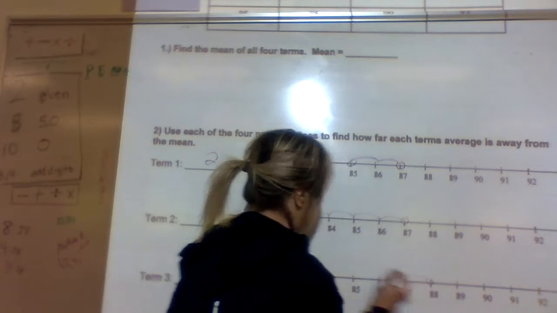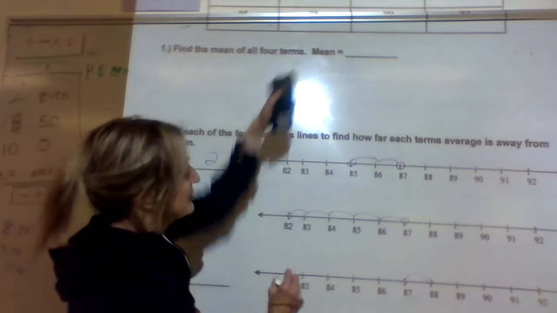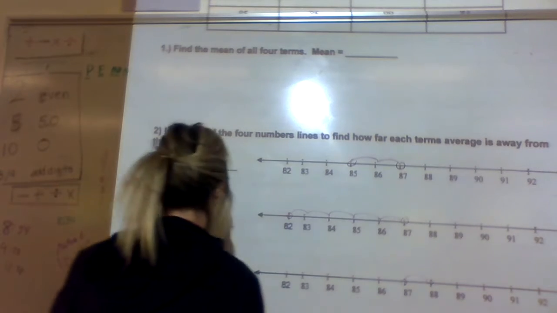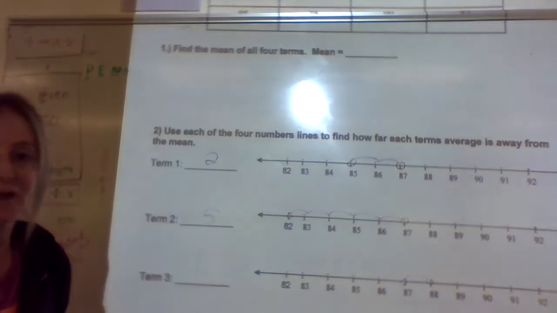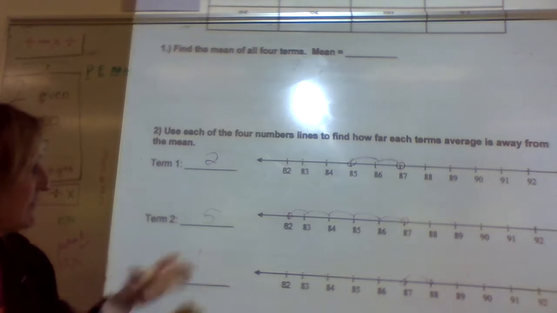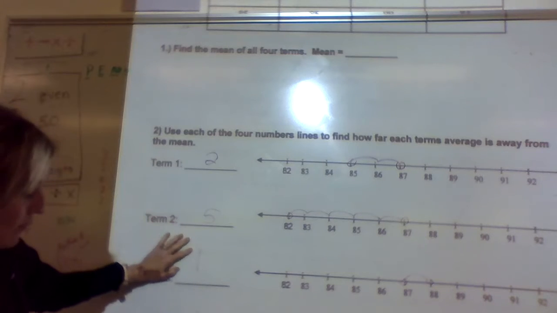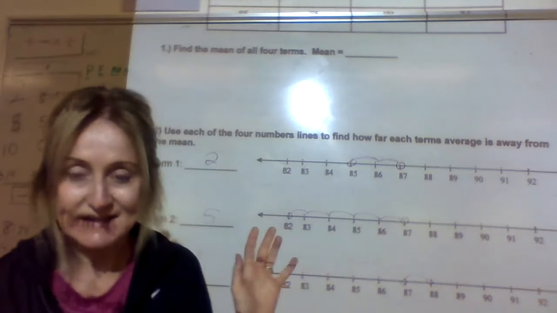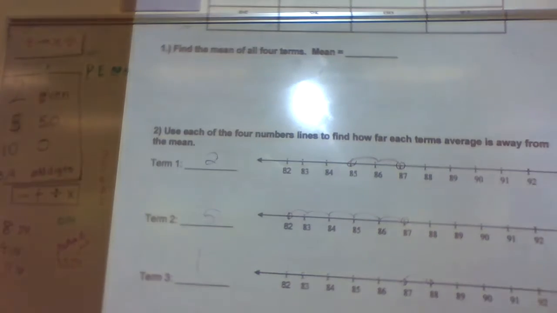I think 88 is our next piece of data, a distance of 1. And then it's all the way up at 93, so it is 6. So the distances are 2 from the first one, 5 for the second, 1, and then 6. That's the second step, find the distance.